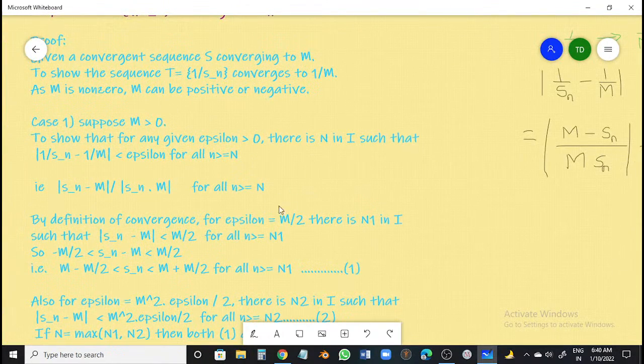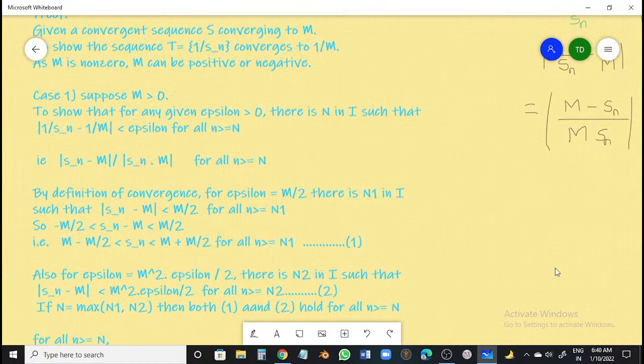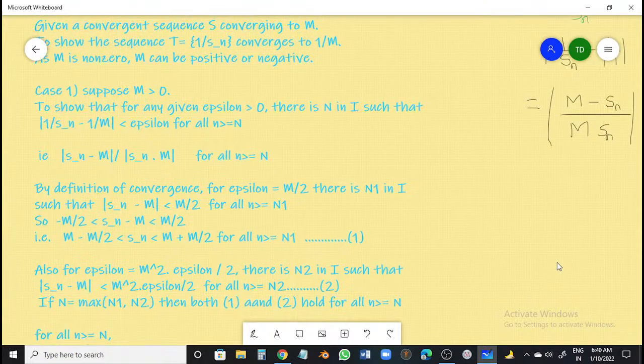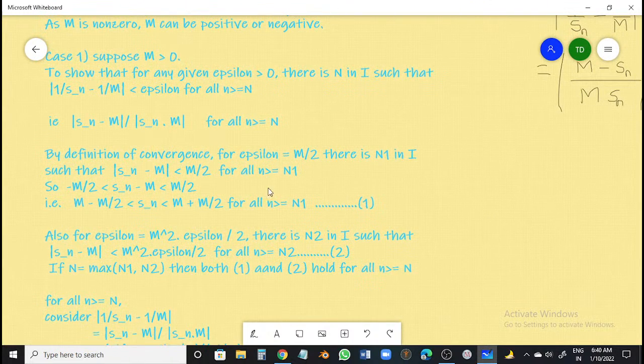So we have to find out this capital N such that after crossing this n, we will get this particular term to be smaller than epsilon. Alright, let us go one by one. Now we know that the original sequence Sn is a convergent sequence. So for any given epsilon, there will be some natural number.